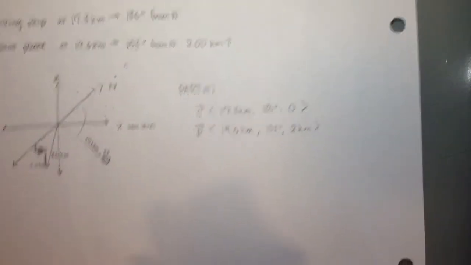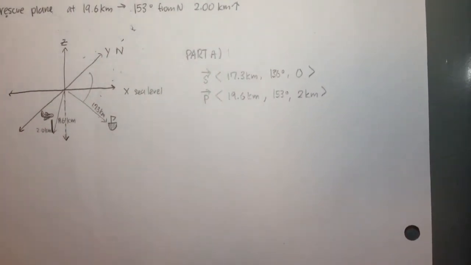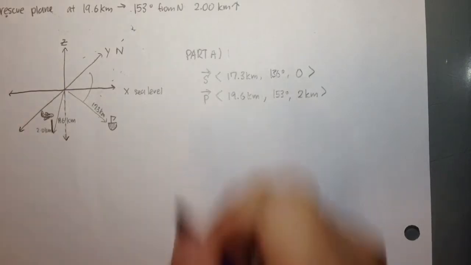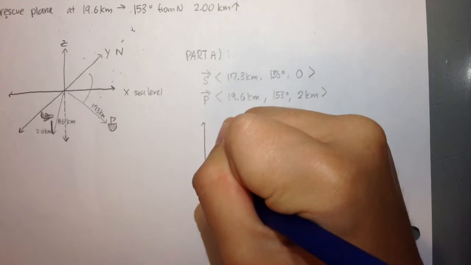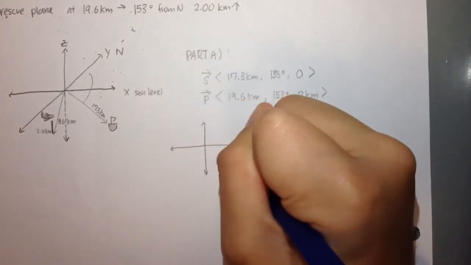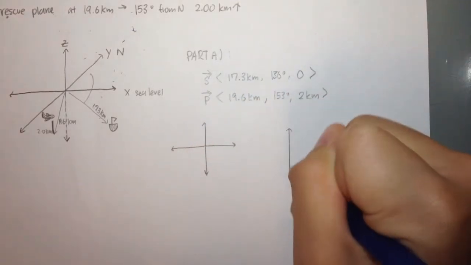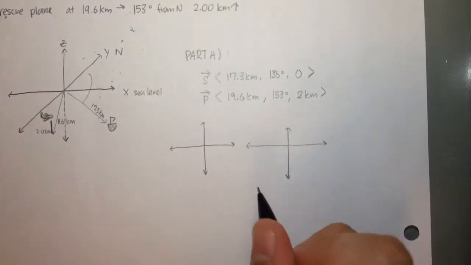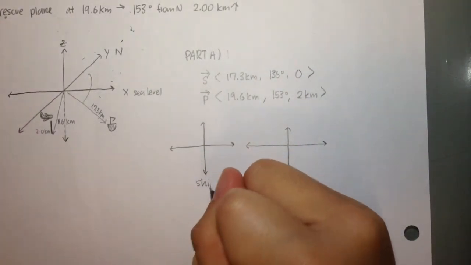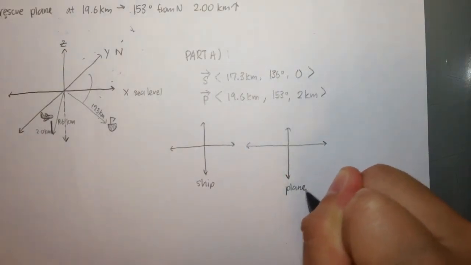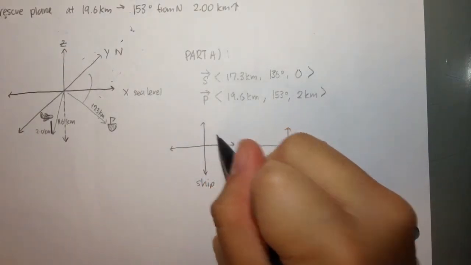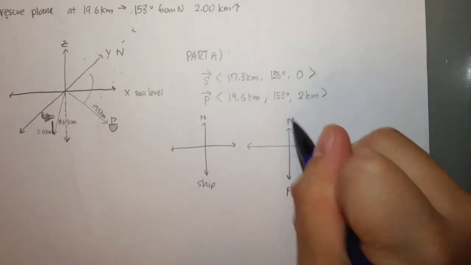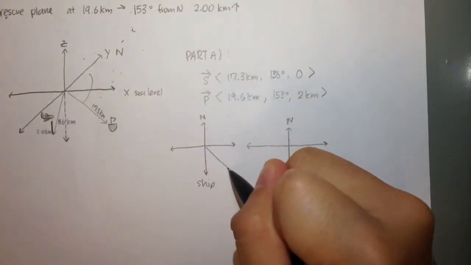Alright, so we're going to try to change first the angle, and then we'll try to solve the rest. So for the sinking ship, to find the angle, we know it's 136 degrees from north, right? We want to do it this time from the x-axis. So let's say this is ship, this is plane. 136 degrees from north, which is the top of here, is around right here.